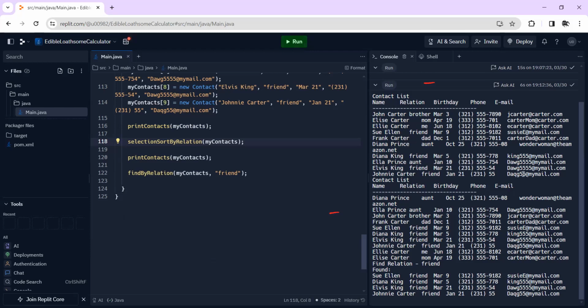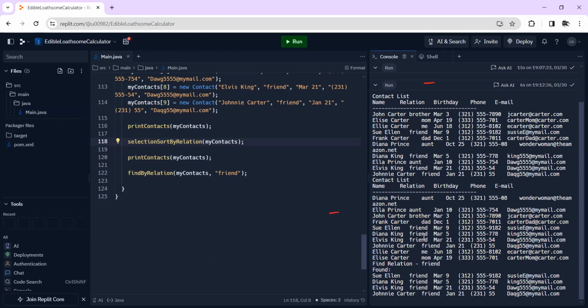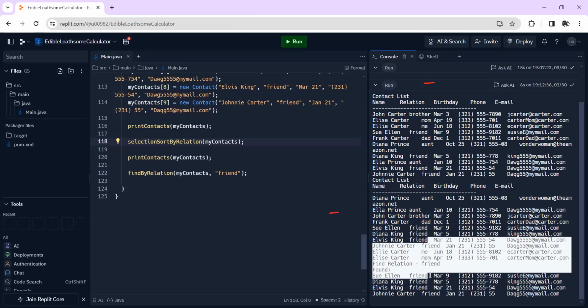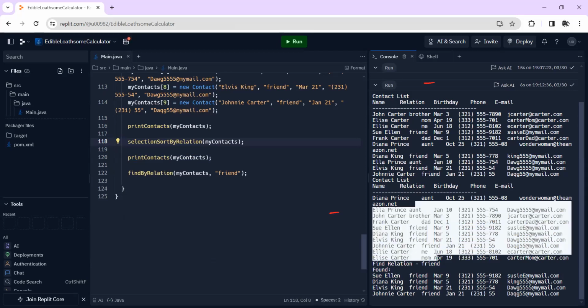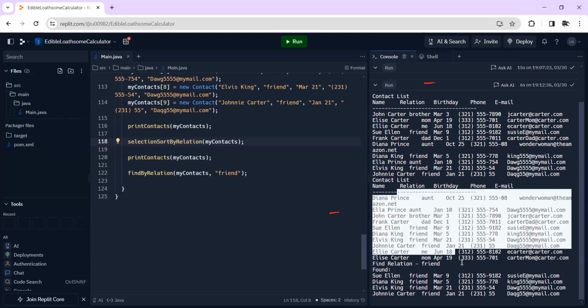Is it sorted? By alphabetical order. Almost. There's a few here that's not sorted. Oh, actually, it is. Sorry, I read it wrong because this was just a find. So yes, it is sorted.